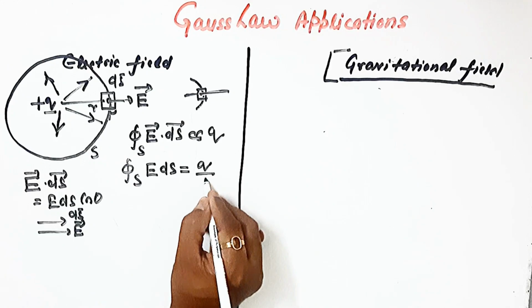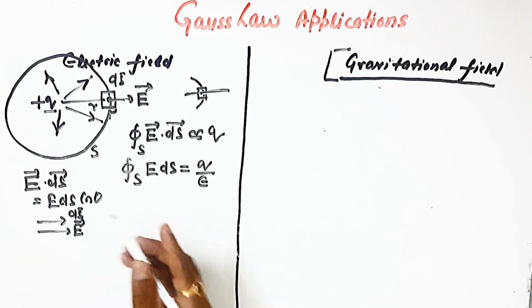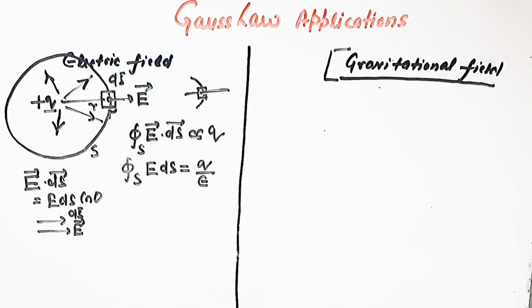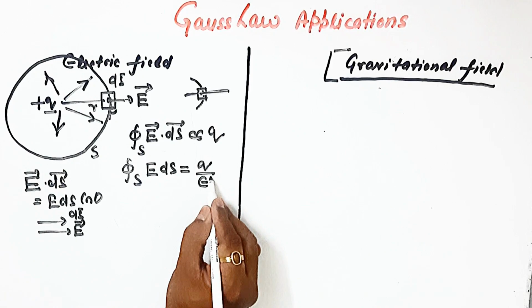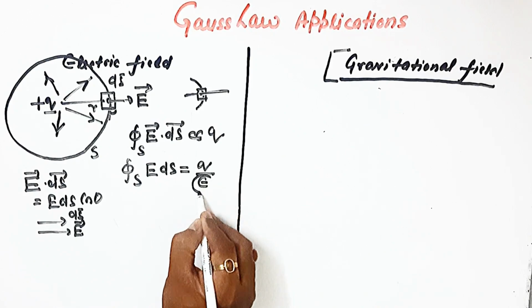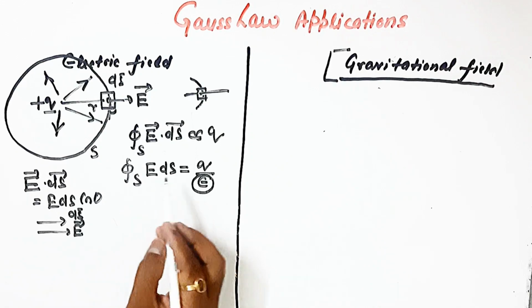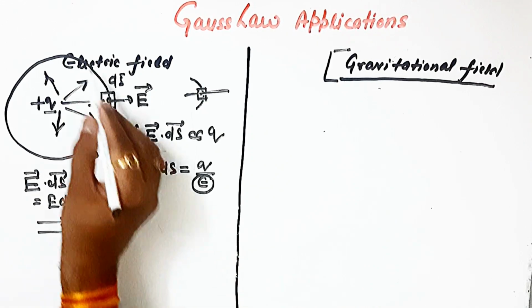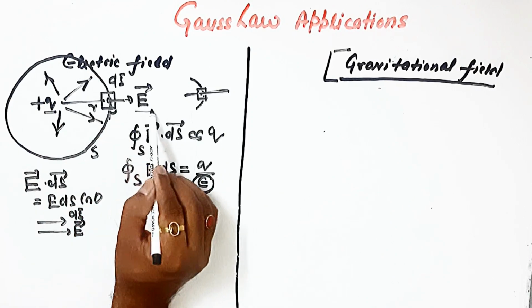This must be equal to Q by epsilon, where epsilon is the permittivity of the medium. Correct? So in case of the electric field, the constant is 1 by epsilon that I have introduced here. Now you have to do the surface integral all over the surface. If you see, all over the surface, E is constant.